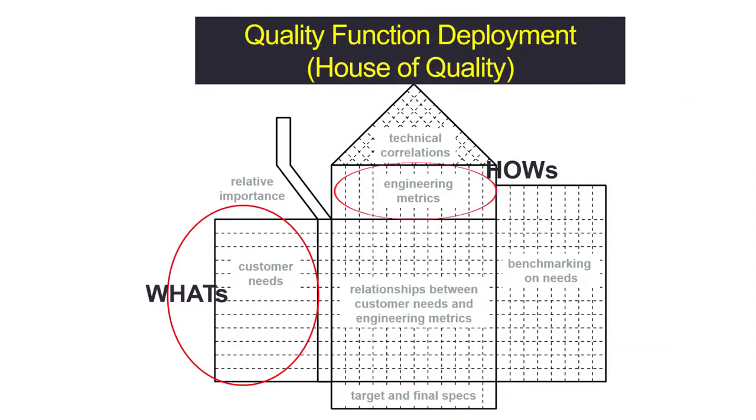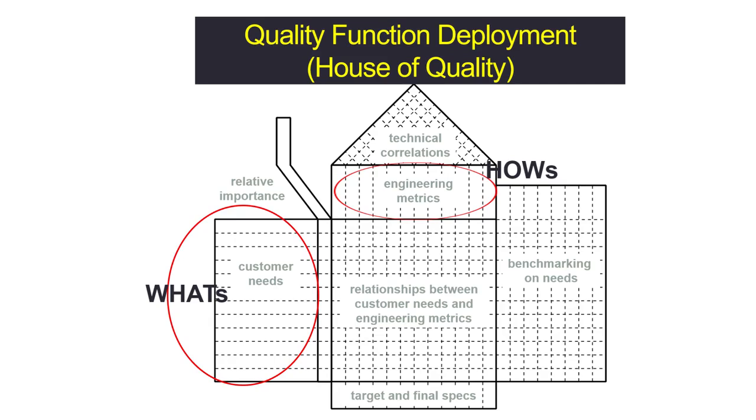And what next? There is one tool called house of quality. It is a part of quality function deployment. This is also one way to communicate engineering needs in terms of whats and hows. Again, guys, whats talk about customer needs, and hows talk about metrics or specs, or what they call engineering metrics.